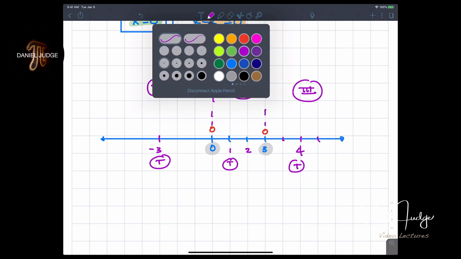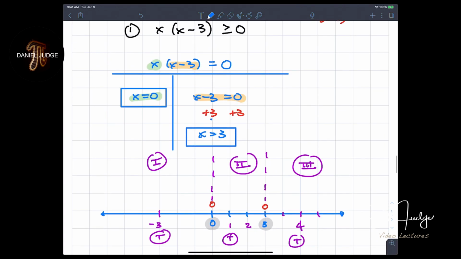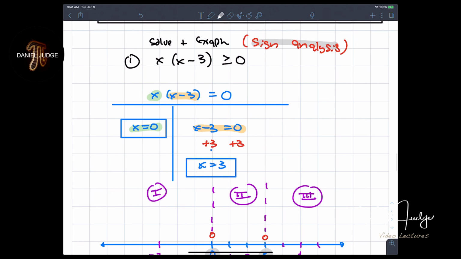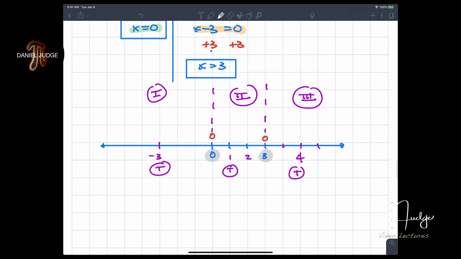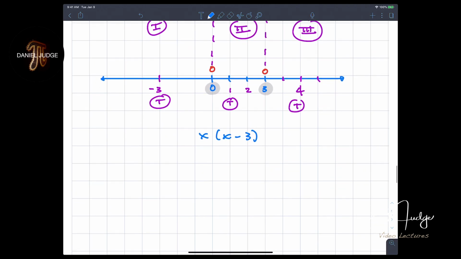And you might say, what are we exactly testing? You've got to go back up here to the original product. We want to know where that product is greater than or equal to 0. So x times x minus 3, where is this positive? The test points will tell us.